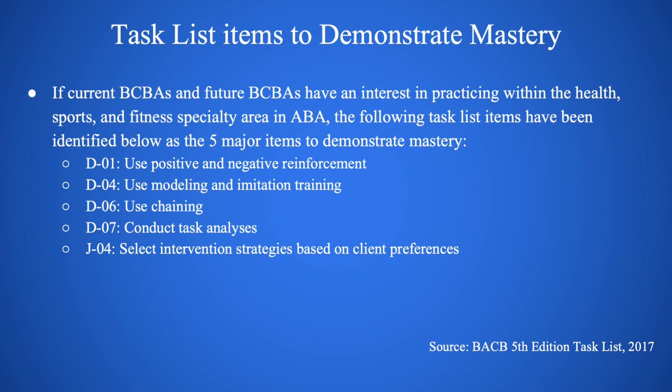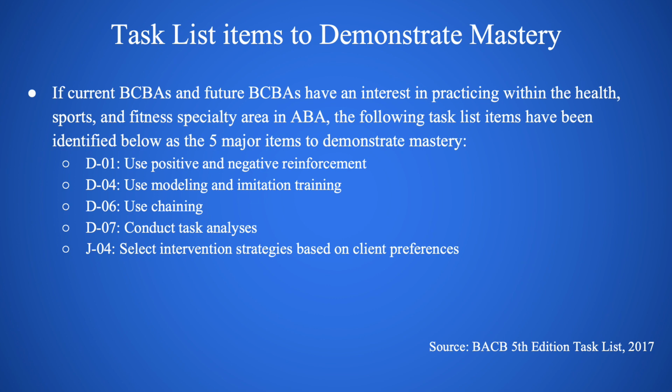So first one is D1, which is using positive and negative reinforcement. The next task list item is D4, using modeling and imitation training. So again, what the research article that Schenk and Miltenberger discuss with video modeling, expert modeling, video feedback, imitation training. So again, using that, being able to model that to coaches, to athletes and individuals.